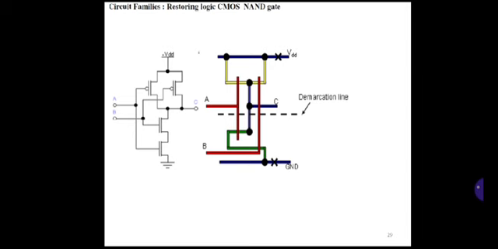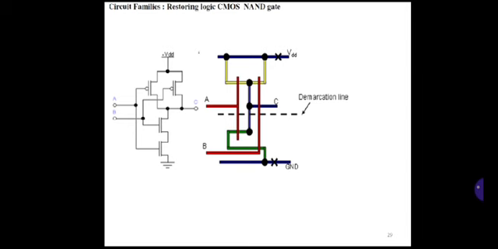And this is a restoring logic for a CMOS NAND gate, that is, a stick diagram is drawn here for a CMOS NAND gate. Above the demarcation line, the P transistors are available, and below the demarcation line, N transistors are available. Transistors are created where a polysilicon crosses an n diffusion, an n transistor is created.